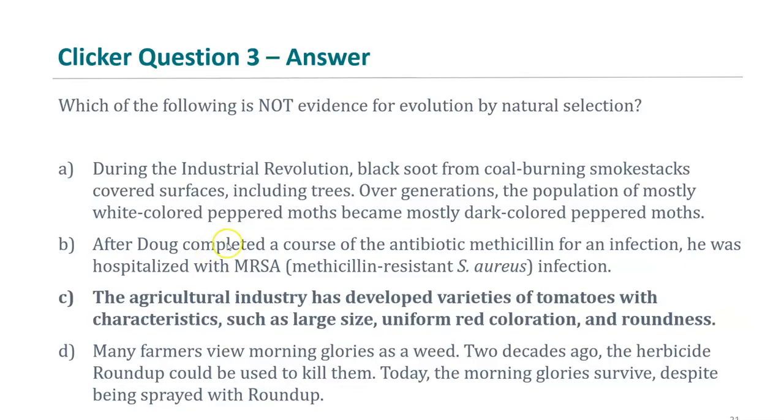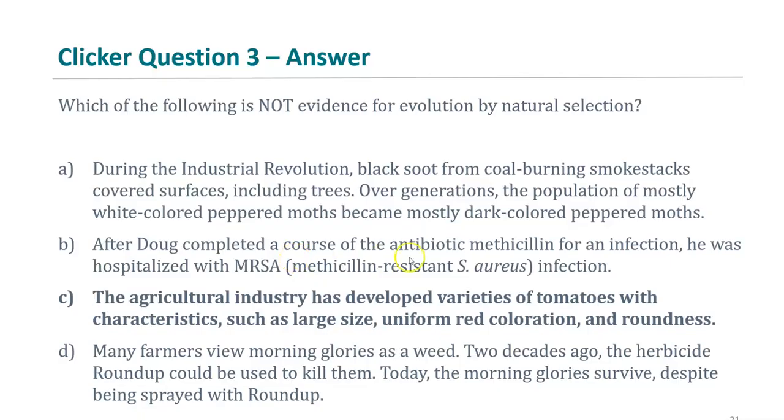All right, so for this one, it says, during the Industrial Revolution, black soot from coal-burning smokestacks covered surfaces, including trees. Over generations, the population of mostly white-colored peppered moths became mostly dark-colored peppered moths. So we actually use this example as evidence for evolution, right? We were talking about natural selection.